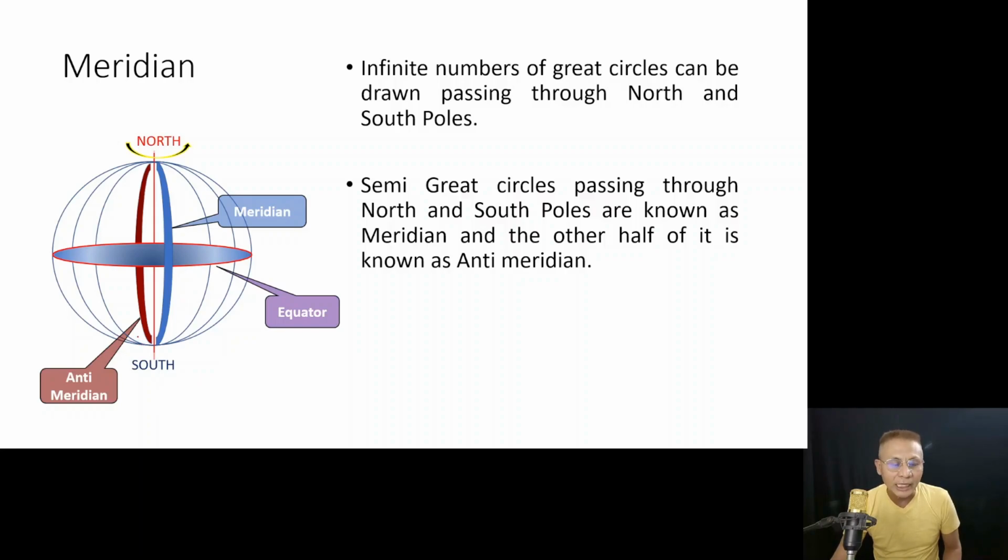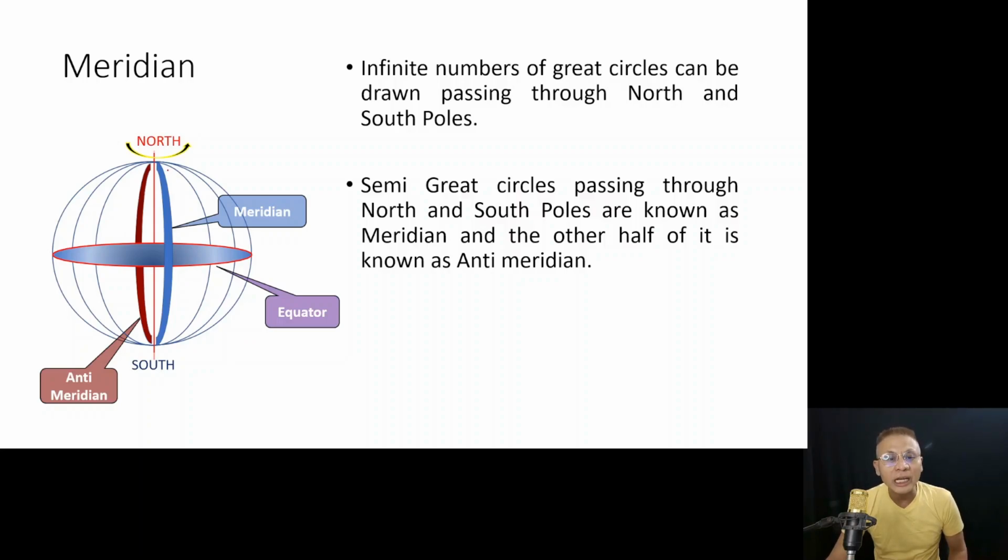Likewise, I can draw an infinite number of great circles through two diametrically opposite points on the earth. Here the north pole and the south pole, being diametrically opposite, I can draw an infinite number of great circles around them.